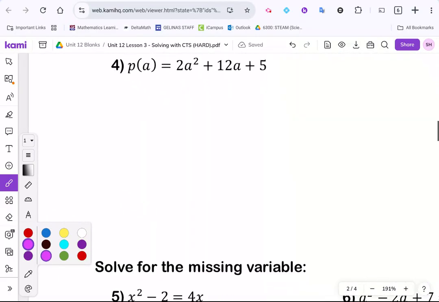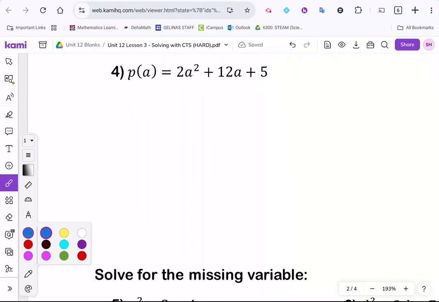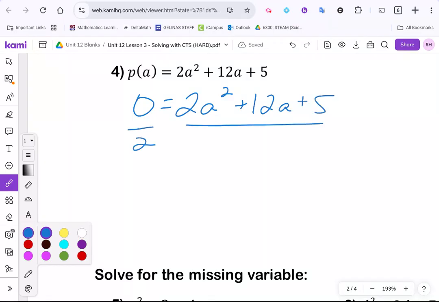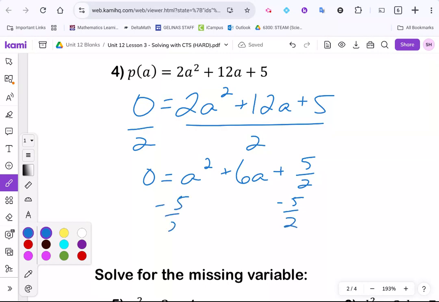All right, so for this one, once again, it's continuing the instructions of find the zeros of this quadratic function. So I will go ahead and set the output to 0. I'll have to divide everything by 2. So 0 would equal a squared plus 6a plus 5 halves, or 2.5, which I will now move to the other side.